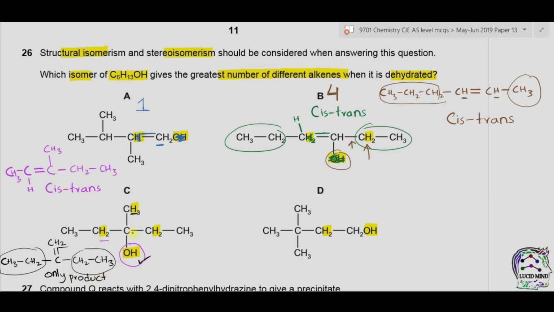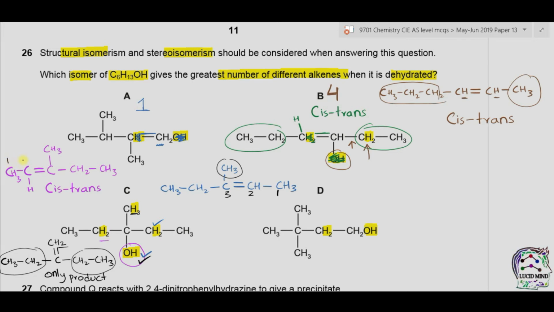Now with the third scenario, if OH is removed from this carbon and hydrogen is removed from this carbon atom, then the product formed will be like this. As we can see that the double bond is between the second and third carbon atom, and there is also a methyl group attached on the third carbon atom.